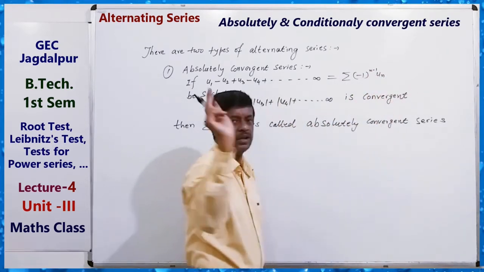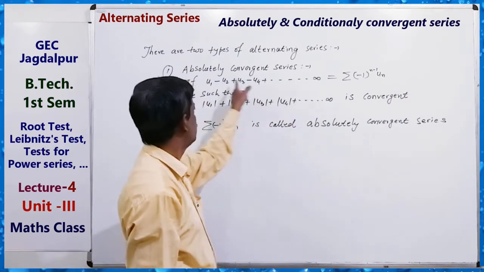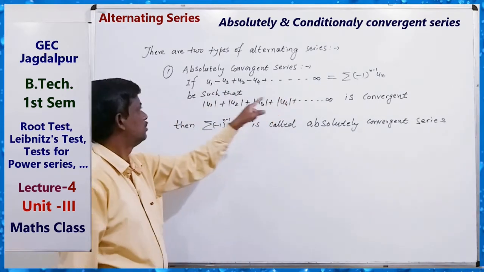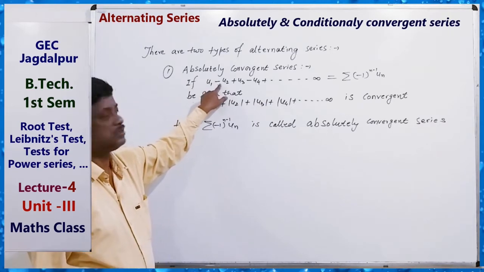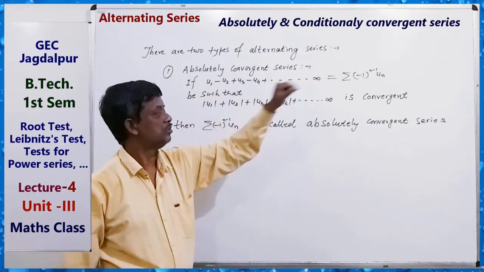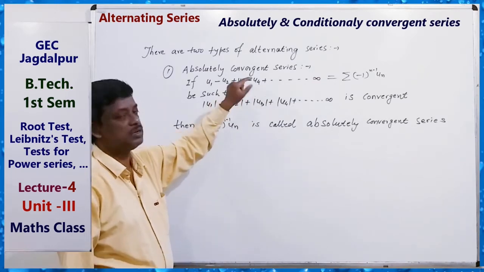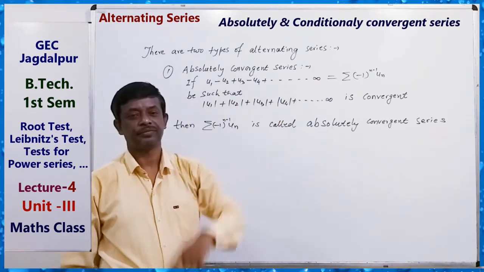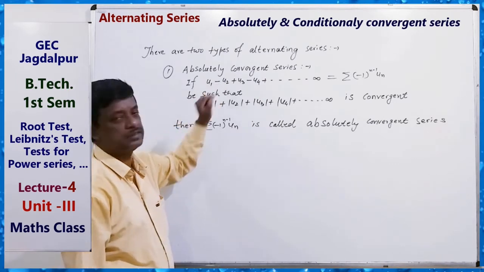Just put n equals 1, then u1; n equals 2, then minus u2; n equals 3, then plus u3; n equals 4, then minus u4, and so on. This is an alternating series.